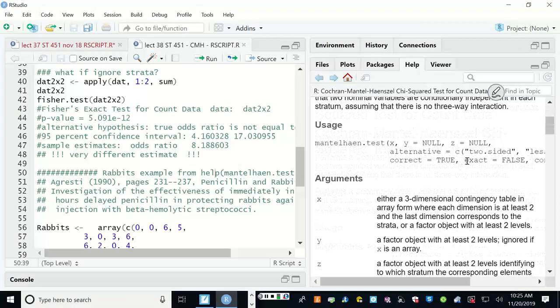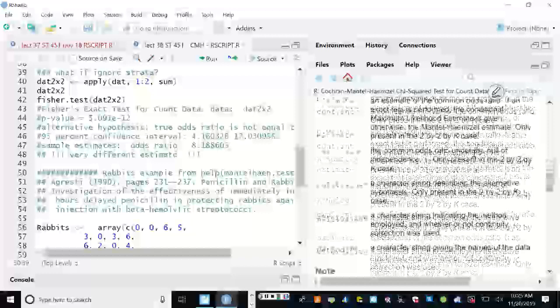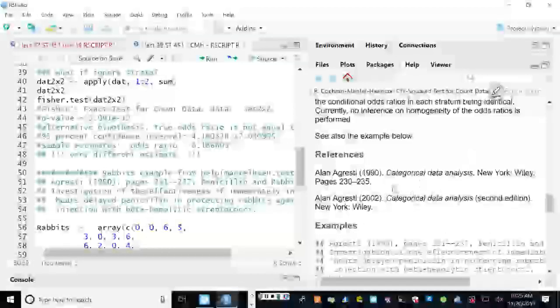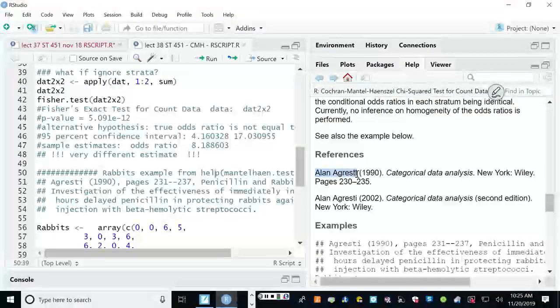So under this help file, down here is references. Alan Agresti was a professor at the University of Florida who wrote a series of books on categorical data analysis. His big green one is the most theoretical, but then he has another, an introduction to categorical data analysis, and an introduction to ordered data.